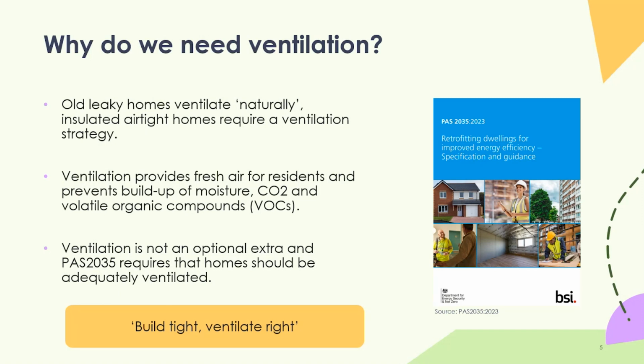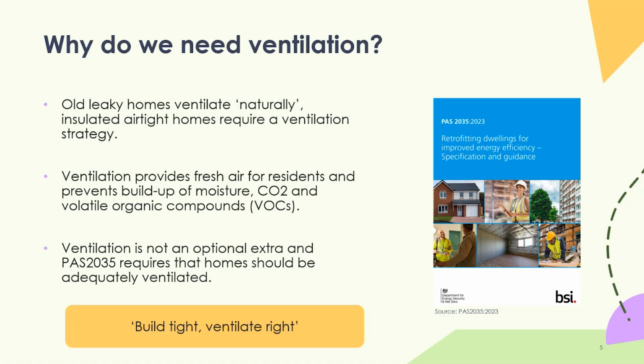So the last point, very important, ventilation is not really an optional extra in all of this, because PAS 2035, which is the retrofit methodology which we need to follow if we're doing any of the government-funded domestic retrofit, requires that homes should be adequately ventilated.